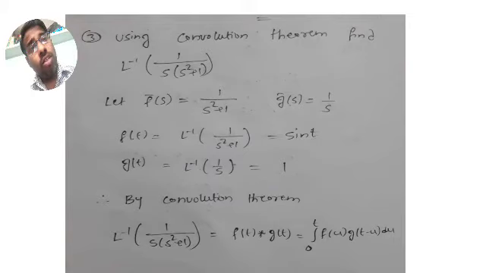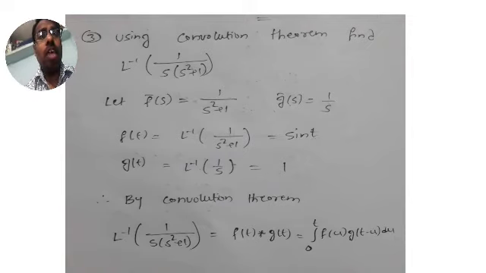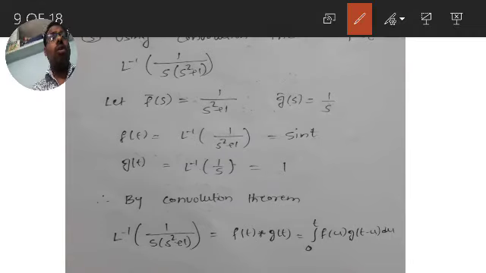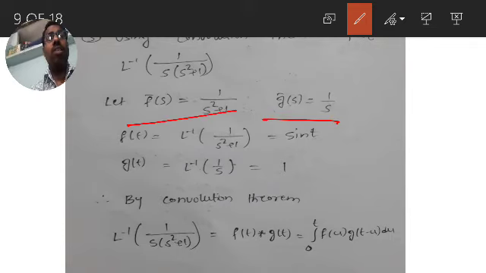One is simpler, 1 by s. Take g bar of s as 1 by s and f bar of s as 1 by s square plus 1. That's why I repeatedly told you these things.